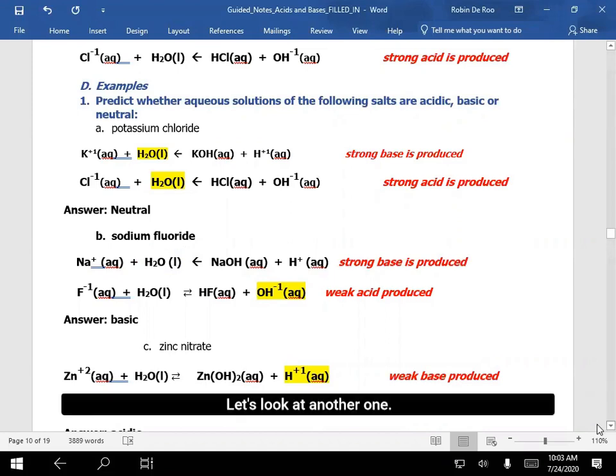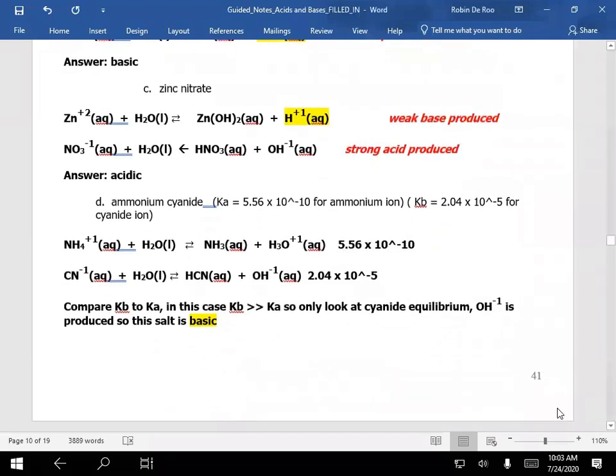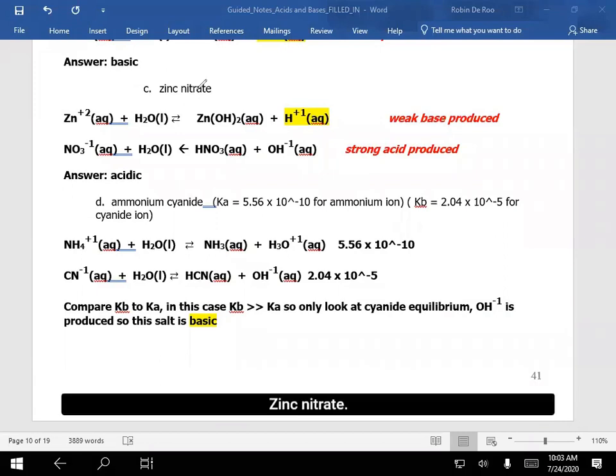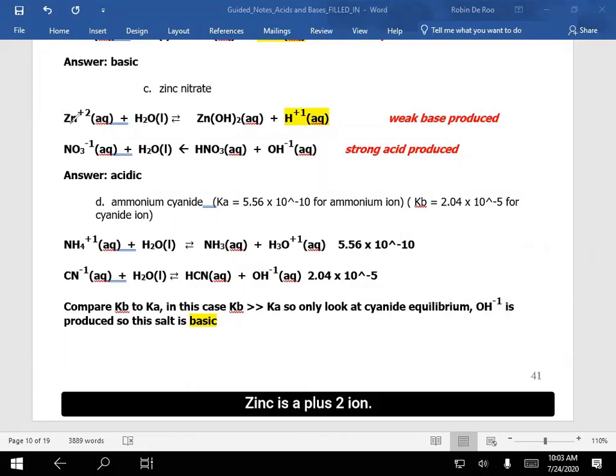Let's look at another one. Zinc nitrate. Zinc is a +2 ion. We react it with water. We get zinc hydroxide plus hydrogen ion. Now, zinc hydroxide is a weak base, so we really just have the hydrogen ion. We have an equilibrium.